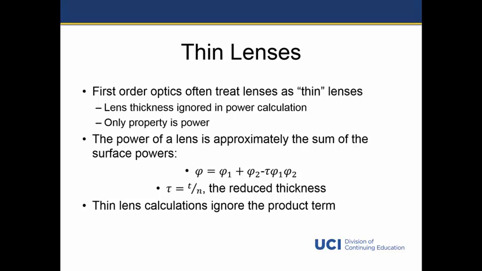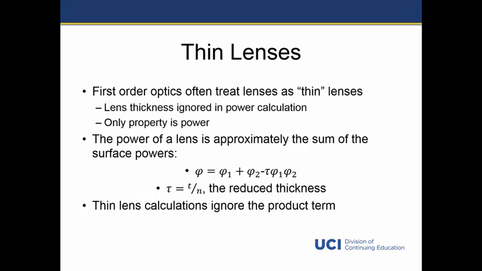One of the other approximations we make when doing our first order optical calculations is to treat lenses as what are referred to as thin lenses. A thin lens allows us to effectively ignore the thickness, so when we do the power calculation, we only worry about the surface powers.